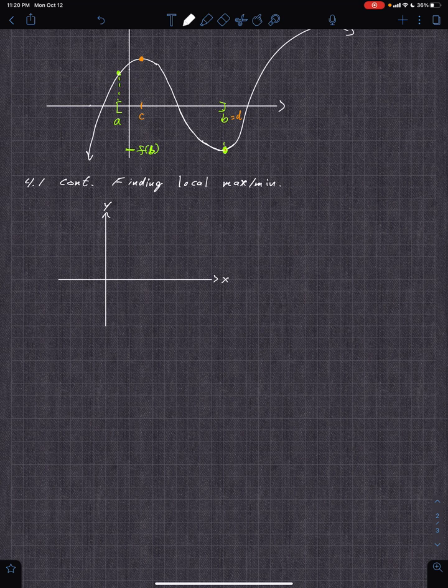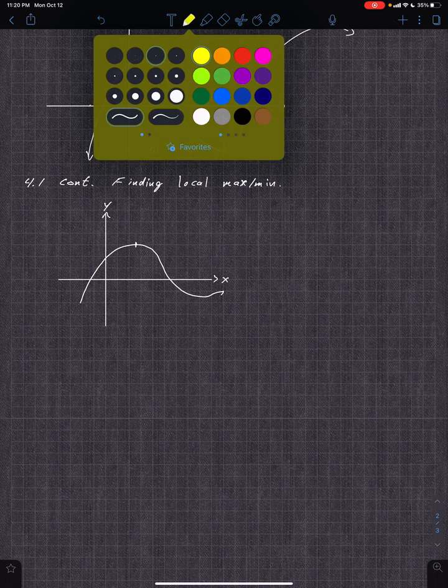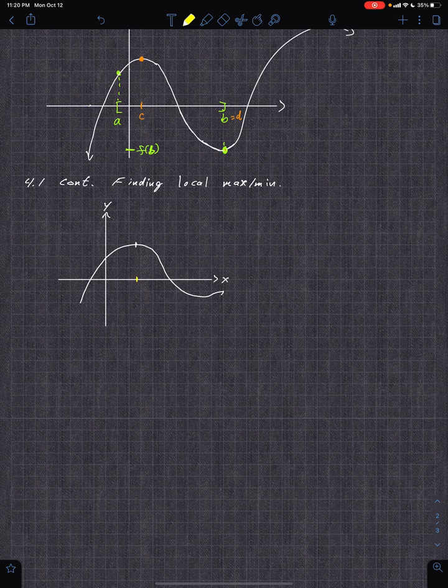So you have some function maybe like this. And right about here is your local maximum. So you can put an interval around it like this. And that's, of course, your local maximum.